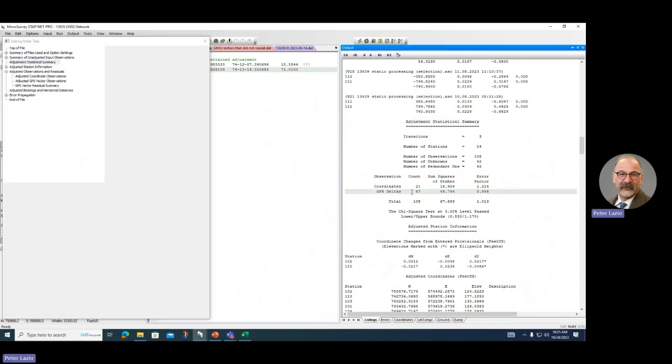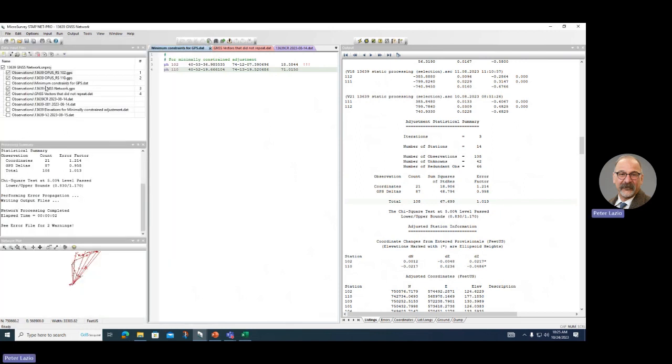And I've got, is that 87? I got 87, so we divide that by 3, that's how many GPS vectors are in there. And you've got 66 degrees of freedom, and about as close to 1 as you can get. And this is how much it changed from the OPUS solutions, very, very little.